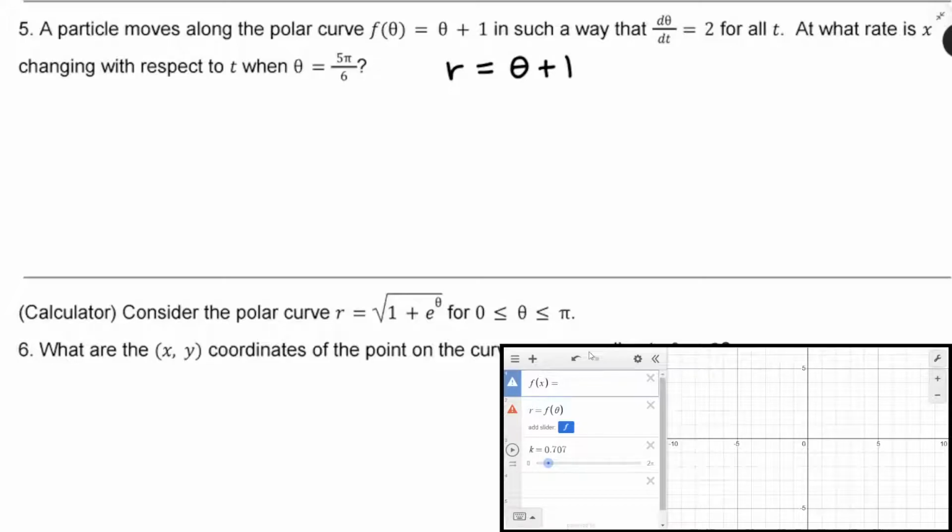Okay, we want dx dt. So x equals r cosine theta, which means x is theta plus 1 cosine theta. Yes, and then I will have dx dt.